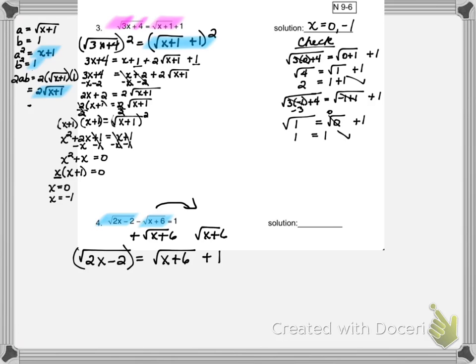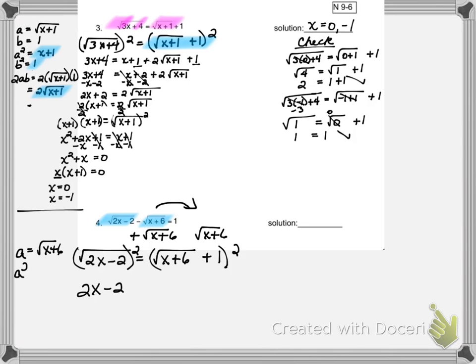Square both sides. This one is easy. Now, oops, it's easy, but I did it wrong. Now we just have 2x minus 2. Okay, if we want to do our a squared b squared method, on this one we have a is equal to the square root of x plus 6.